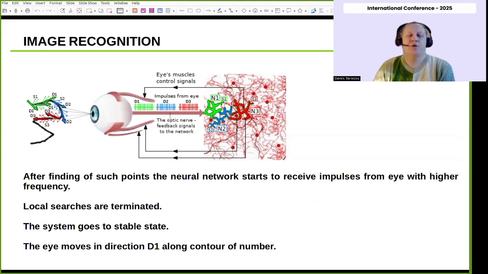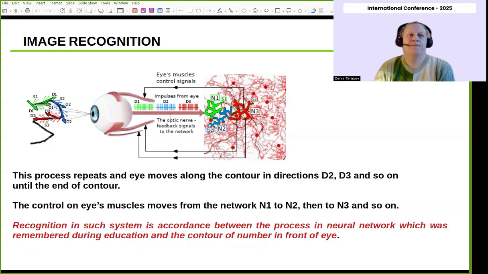After finding such points, the neural network starts to receive impulses from the eye with higher frequency, and the local search is terminated. The system goes to the stable state, and the eye moves in direction D1 along the contour of the number.